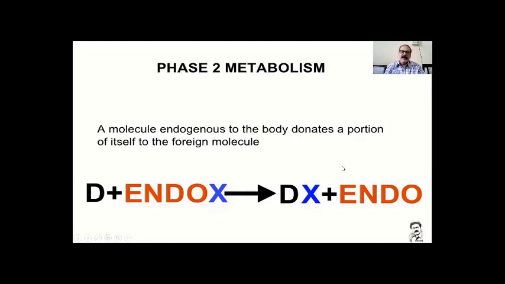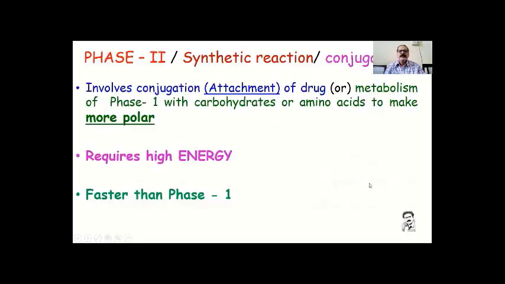So that's why this phase is called conjugated. Why conjugated? Attachment is taking place. In phase 2, a new molecule is attached from the body and a new synthesis is taking place. That's why we call phase 2 a synthetic or conjugated phase, and the endogenous material will be removed.